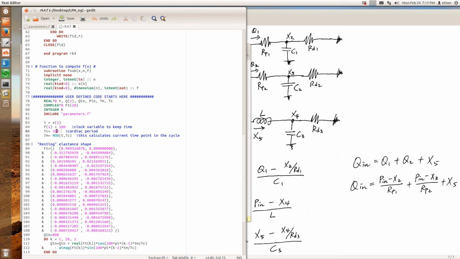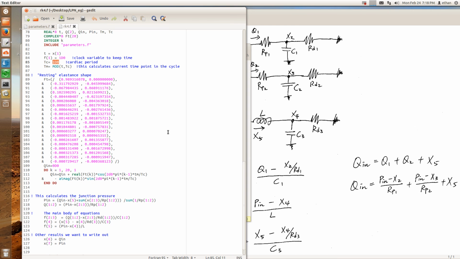So here we have 1 second, so this is 60 beats per minute. And then this variable here you're going to use to calculate at what point of the cardiac cycle you are. So you're doing a modulus of the time to your cardiac period. I guess the only thing here you have to change is your cardiac cycle. If you have a different heart rate, then you want to change this value.